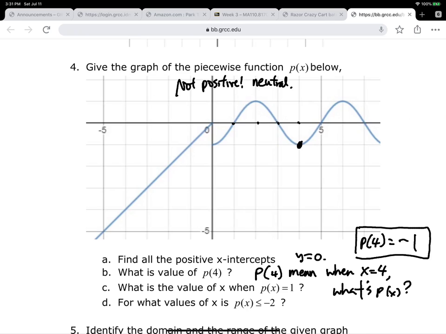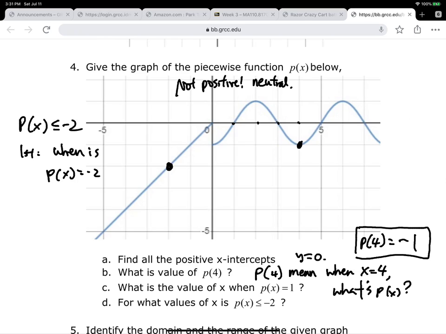Now, in this case, for what values of x is P of x less than or equal to -2? Okay, so to figure out this problem, I'm going to first see when is P of x equal to -2. So our y value equal to -2 happens right here.